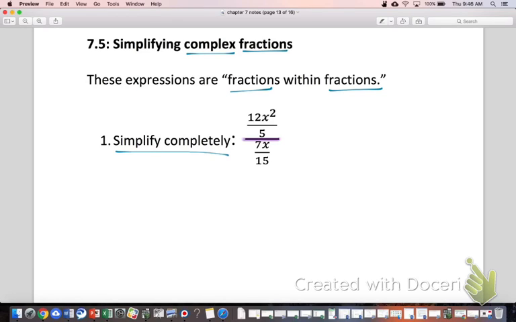And then what I am highlighting in red, I think we could call that the numerator. And then what I'm highlighting in blue, I think we call that the denominator. So when I say these are going to be fractions within fractions, does this make sense?